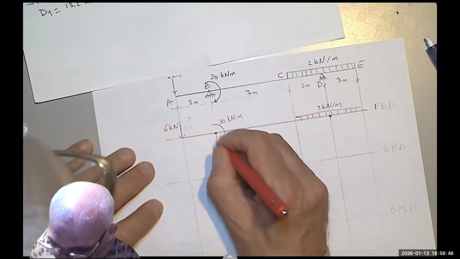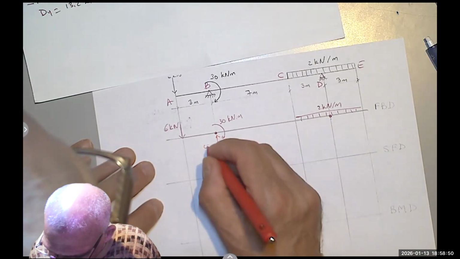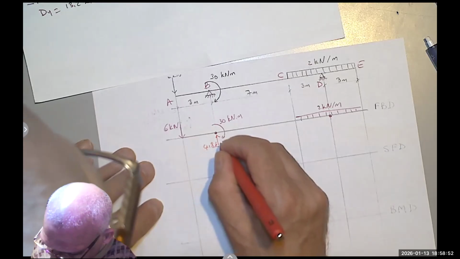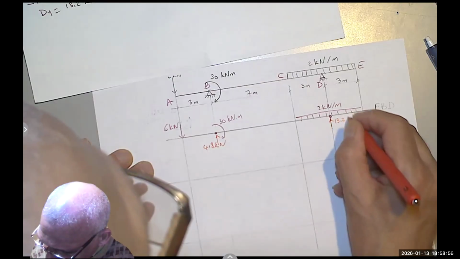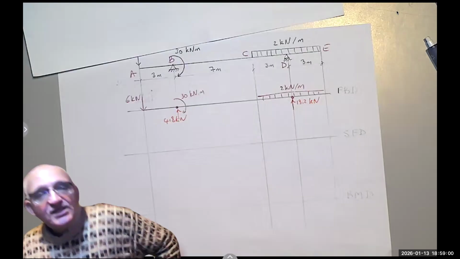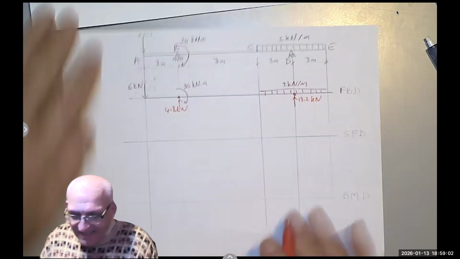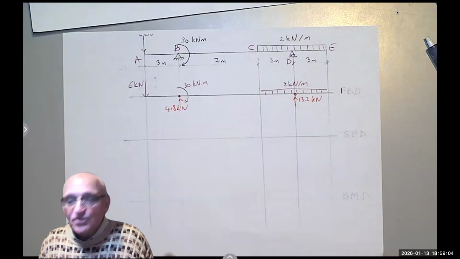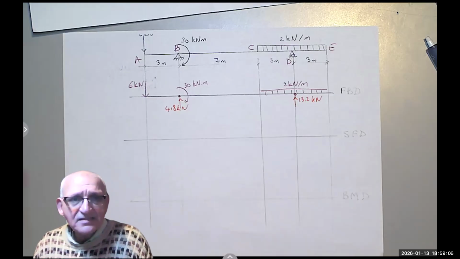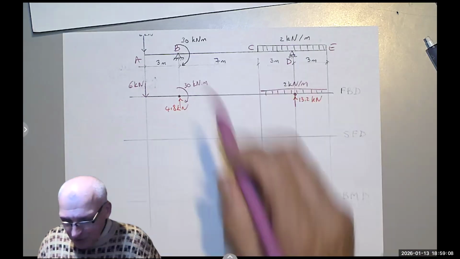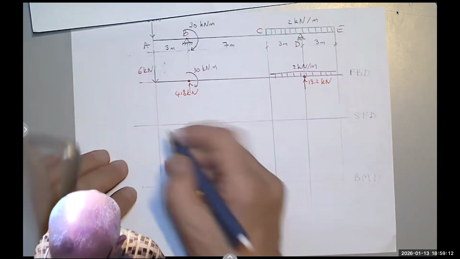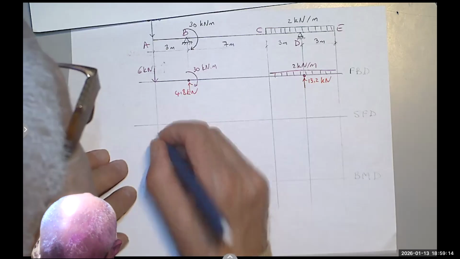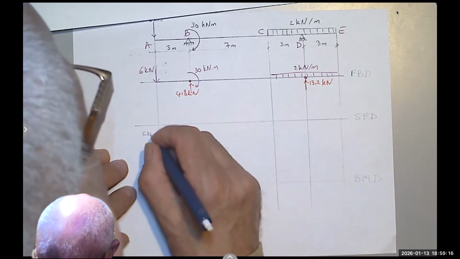So at By, it's 4.8 kilonewton, and this is 13.2 kilonewton. So let's do exactly like we did before. I have a 6 kilonewton going down. That's an impulse, so it produces a step function that goes to 6 kilonewton negative.